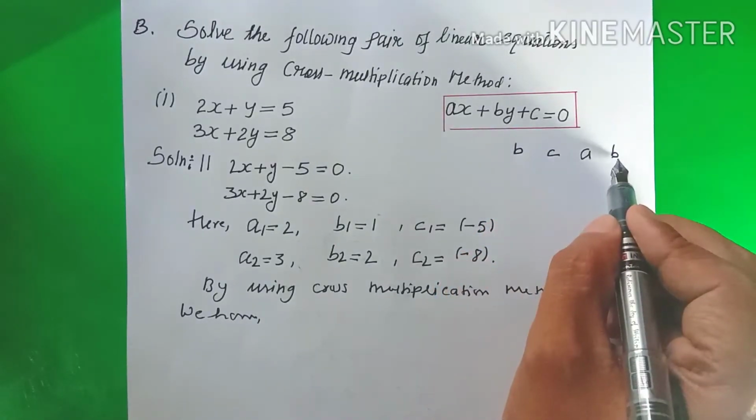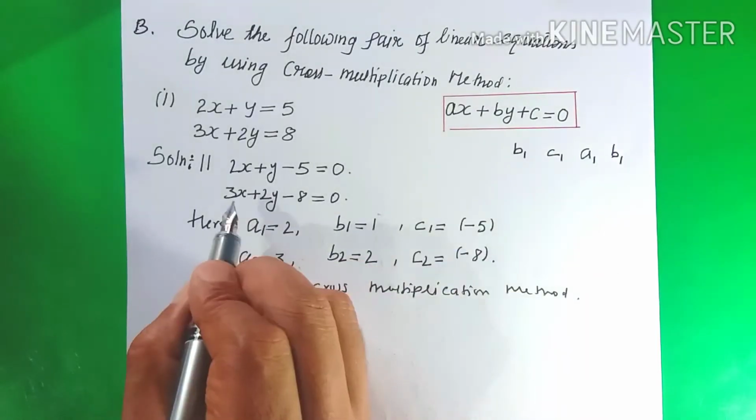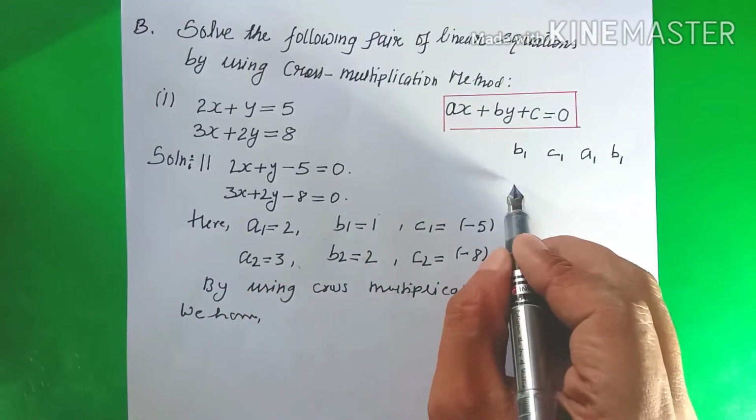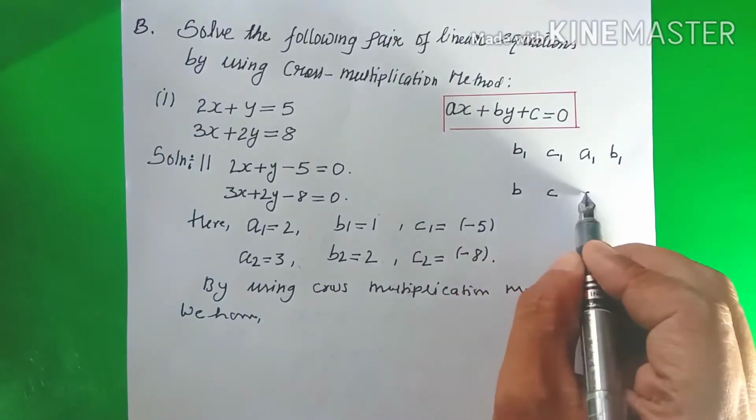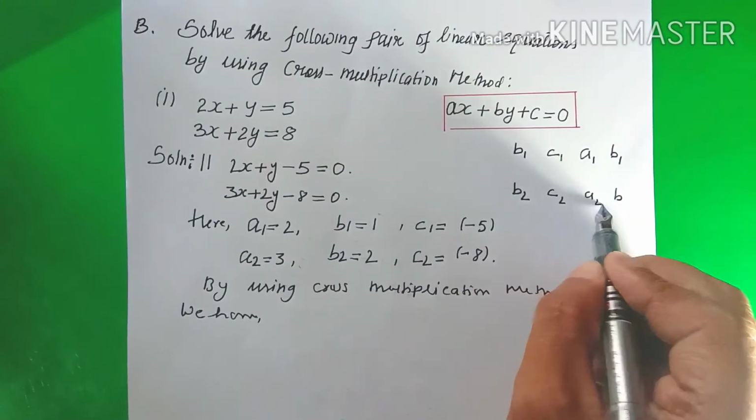For the first equation we take 1 1 1 1, and for the second equation also we take the same pair pattern, so this will be 2 2 2 2.